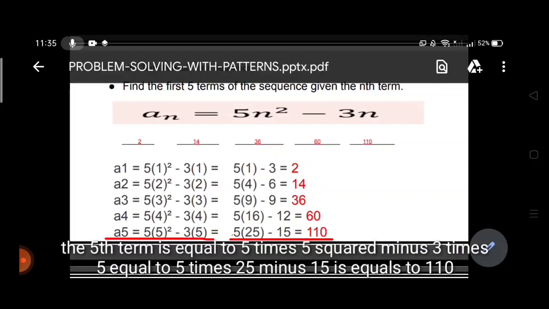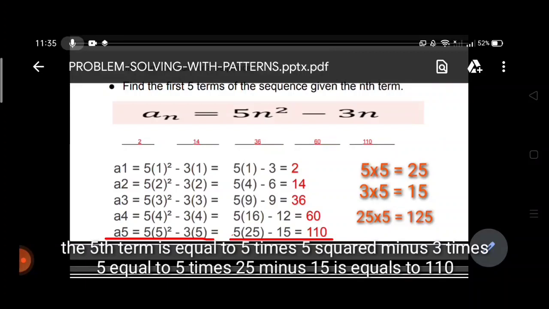And the last term, the fifth term, is 5 times 5 squared minus 3 times 5, equal to 5 times 25. Nagtataka siguro kayo kung bakit 25, 5 times 5 is equal to 25. Then minus 15 because tinimes ko yung 3 sa 5, so naging 15.